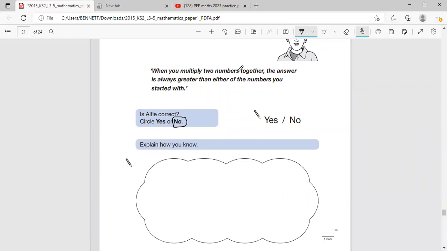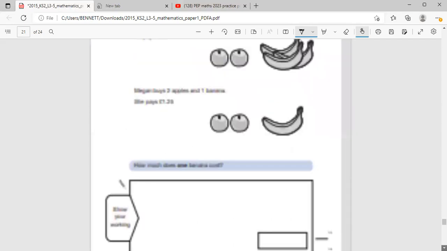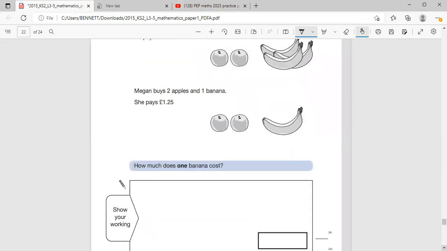If you use 2 and 1, 2 times 1 is 2, and 2 is not greater than 2, so no. What about 0? 0 times 2 is 0. 0 is not greater than 2. So that is true, and you can put it in words.